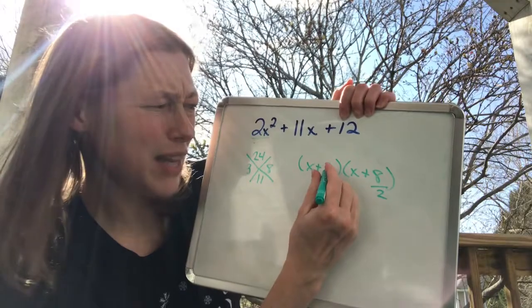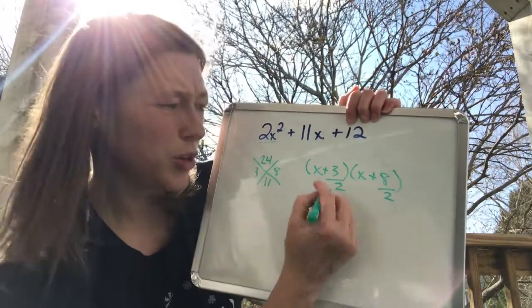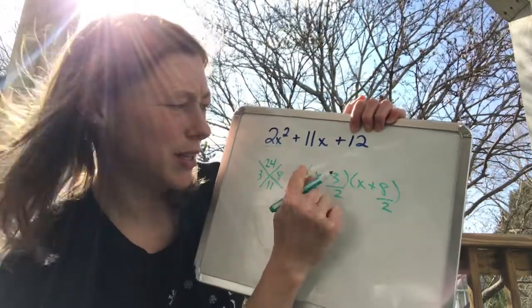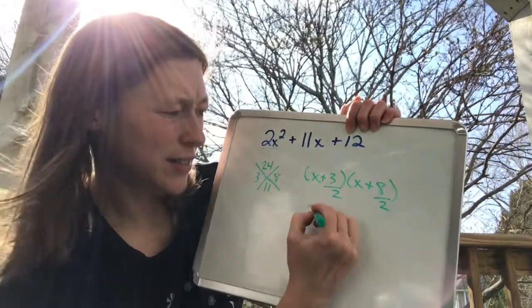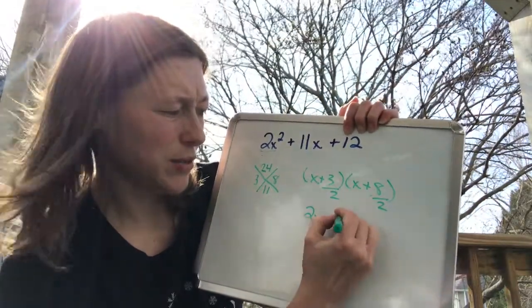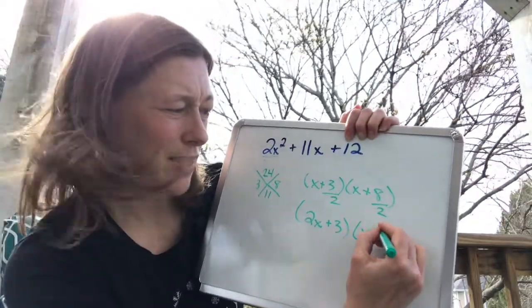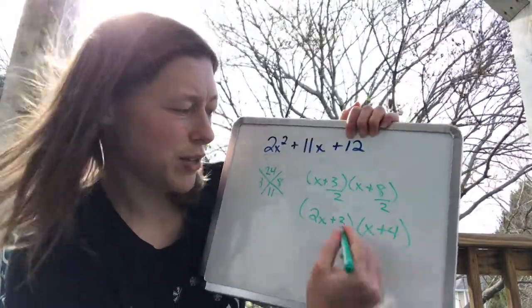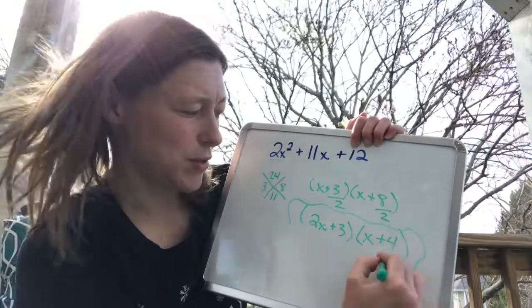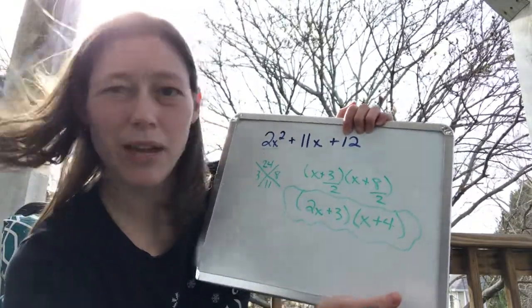Since we can't divide 3 by 2, we're just going to put that 2 in front of that x. And then we're going to say 2x plus 3. 8 divided by 2 is 4. So we've got 2x plus 3 and x plus 4. And that's what we got the other time too.